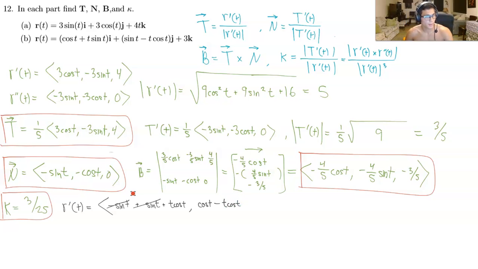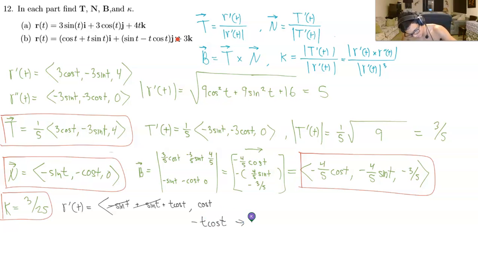t cosine t, yep. I'm focusing on this part right now, I'm trying to take that derivative. Then plus, one second, I'm going to do a little bit of a trick here. I actually have to do this right here. Negative t cosine t. What is that derivative?